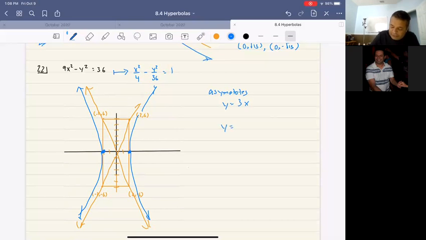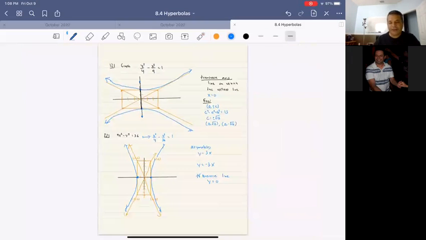And y equals negative 3x. That's this one. The transverse line is just the x-axis, or y equals 0. Okay. All right, I'll see you in the next video.